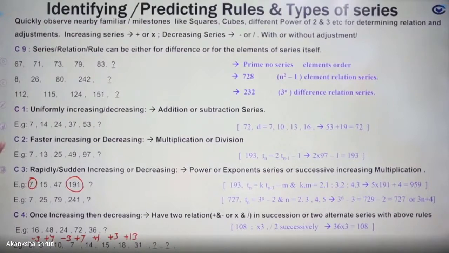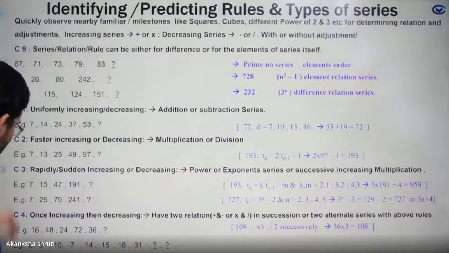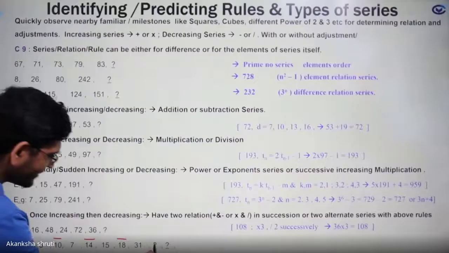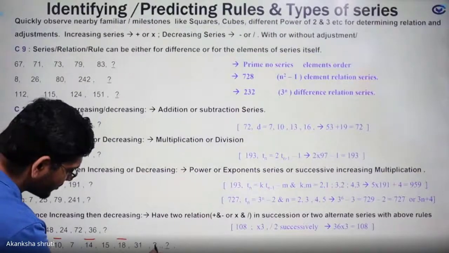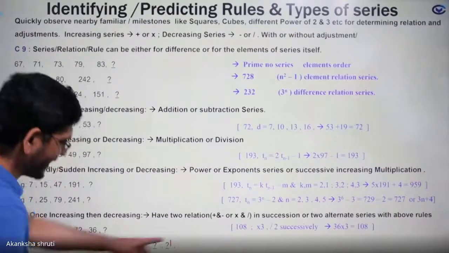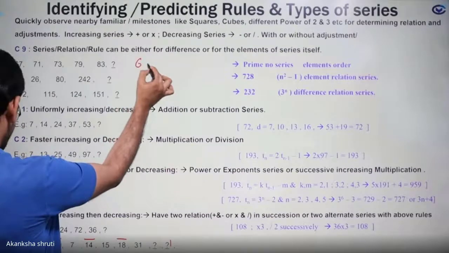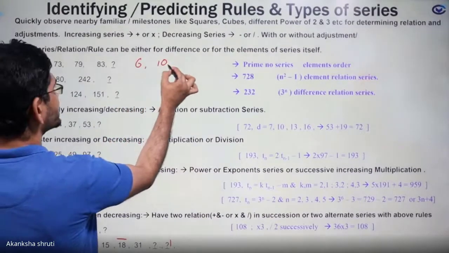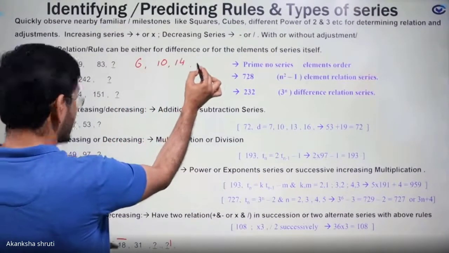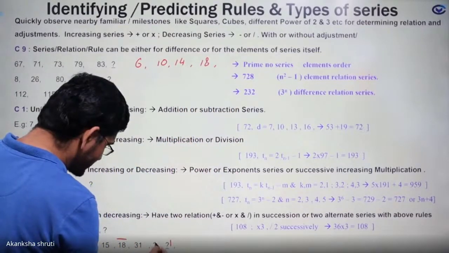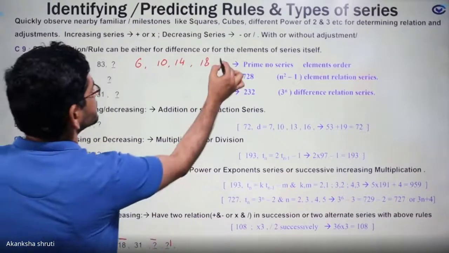Students, we can look at the alternate terms. The terms which are present at the odd places are 6, 10, 14, 18. Let me write these terms here: 6, 10, 14, 18, and then the next one.